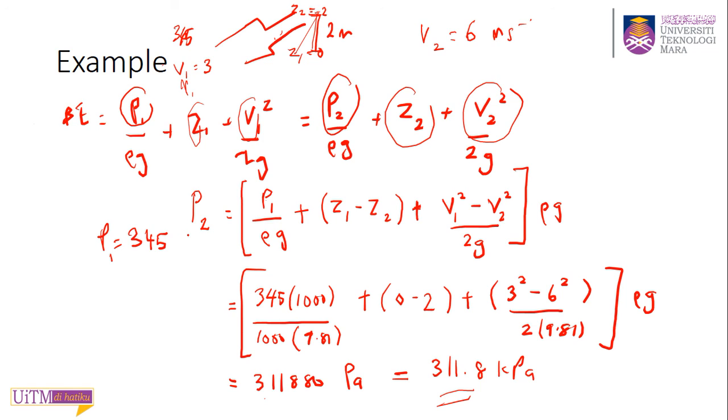If you realize the pressure at point 1 is 345 and the velocity is 3, and at point 2 you have calculated the answer, it is 311. That's because V2 is 6. So this is your understanding of Bernoulli.